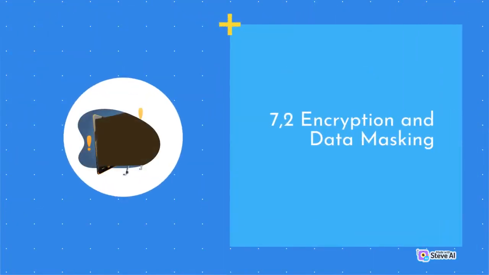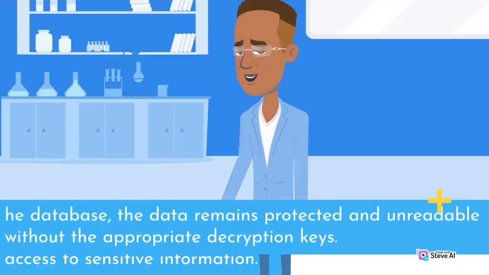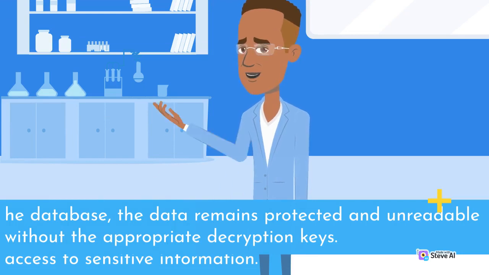7.2 Encryption and data masking. To further enhance data security, SQL offers encryption features that allow data to be encrypted before storing it in the database. This ensures that even if unauthorized individuals gain access to the database, the data remains protected and unreadable without the appropriate decryption keys.